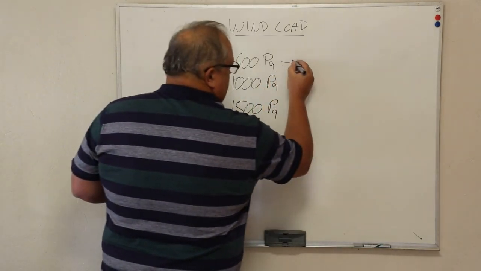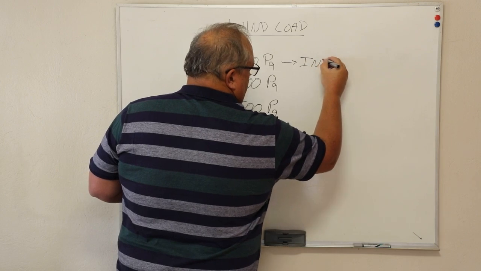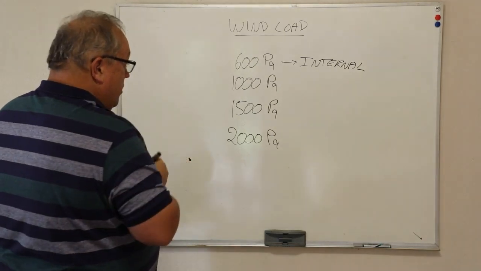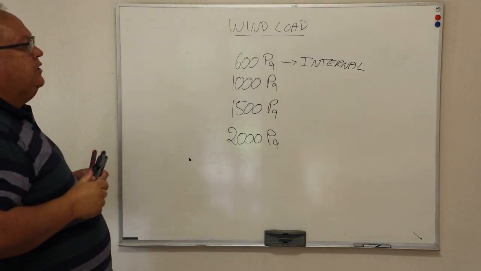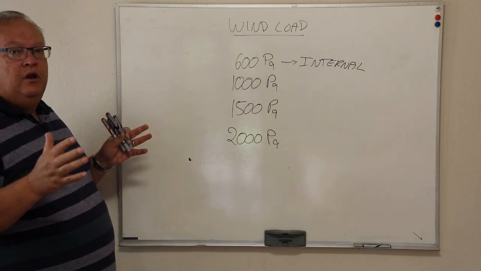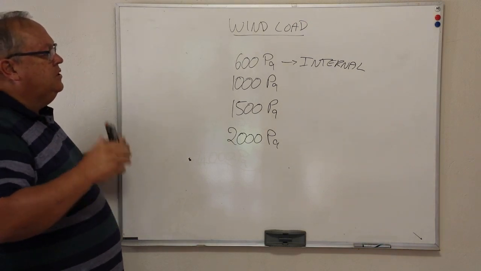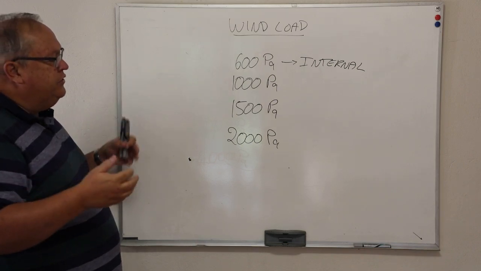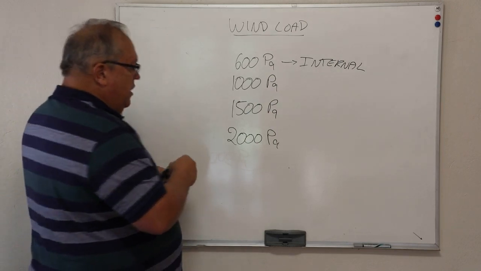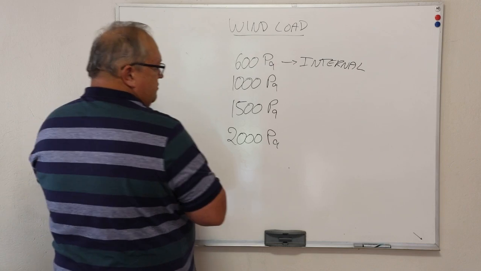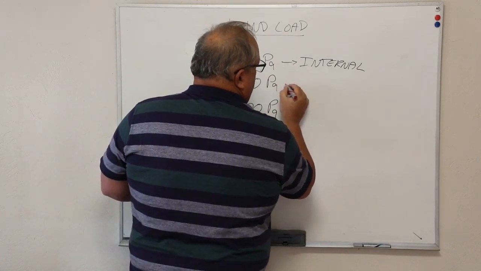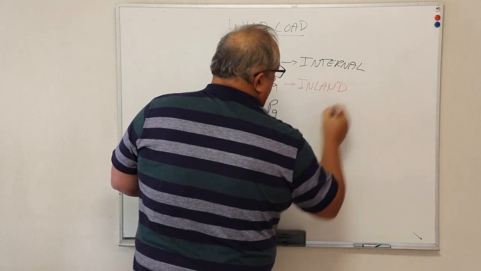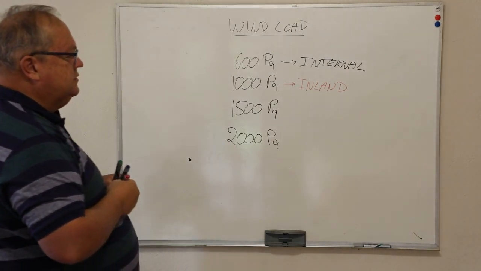Okay, we also said that 600 Pascal is reserved for internal. Now, if you are doing a job in the central region of the country where you're up on the escarpment, you generally are in warmer air, you have lower air pressure, and you generally have drier air, and that would have been our red region on the previous map, we would use a default wind load of 1000 pascals.